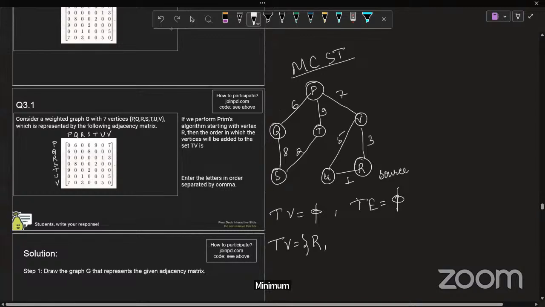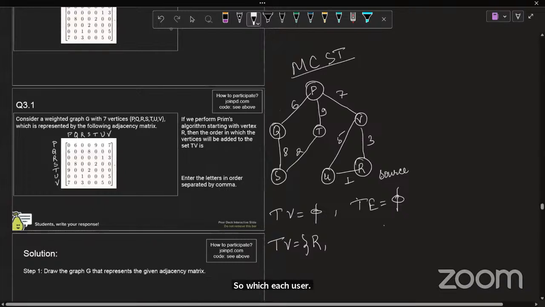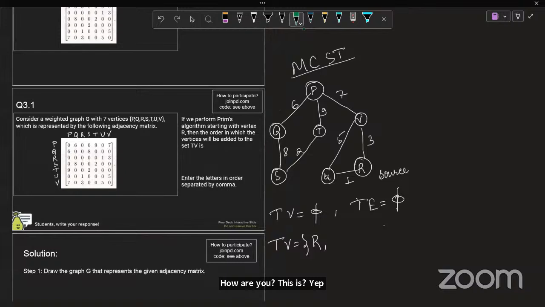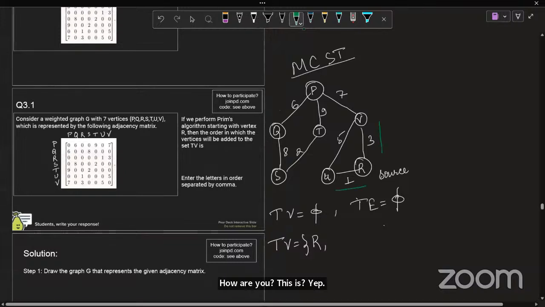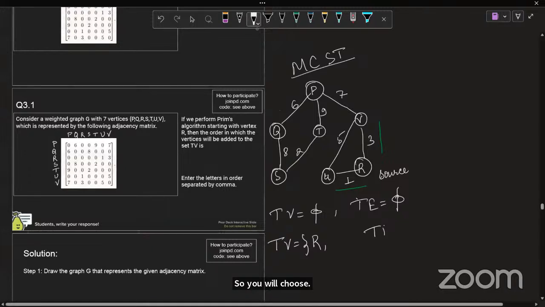You have to choose the edge which has minimum cost. From R there are only two choices, 3 and 1. So you will choose 1, RU. So TE will be RU.